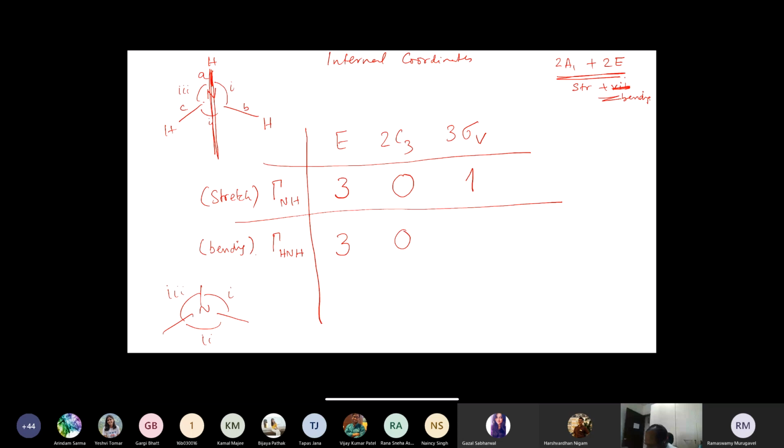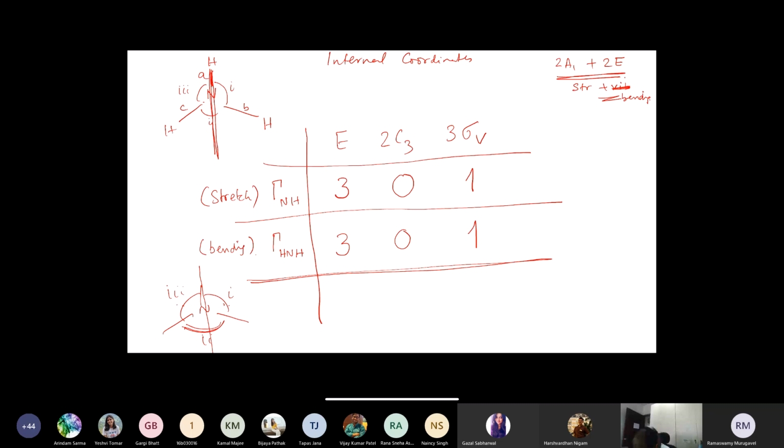And I do the mirror again: 1. If I do this mirror, this angle remains where it is, but this goes here and this goes here. So again I get this. So my tau values for stretching and bending have been factorized or separated out as stretching and bending.